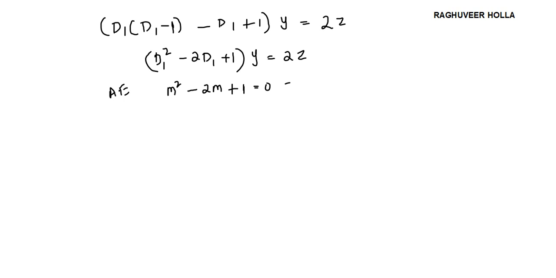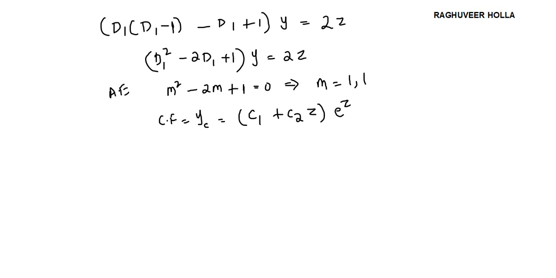Since it is a quadratic equation, you will get 2 roots. The roots are real and repeated, that is 1, 1. So the complementary function, yc, will be c1 plus c2 z multiplied by e to the power of z.